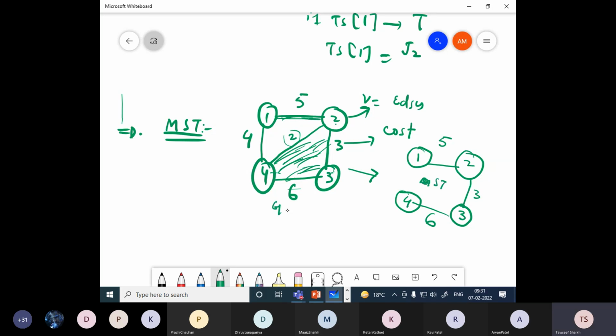If we call it graph 1, this becomes the first spanning tree of this G1.